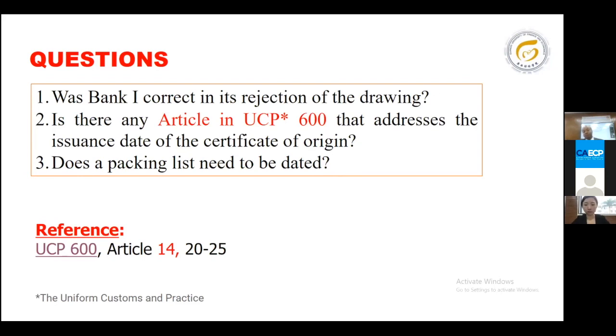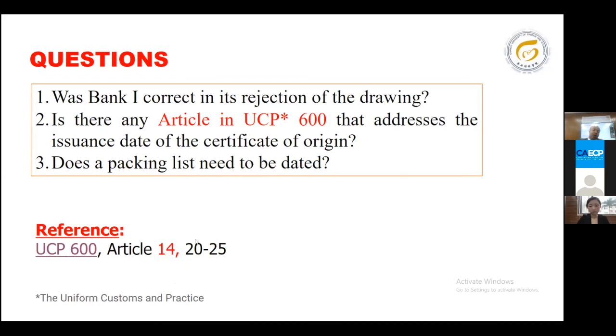At least for this letter of credit concept. So the UCP document, I will send that to you. And when you have it, you can have a look at Article 14.